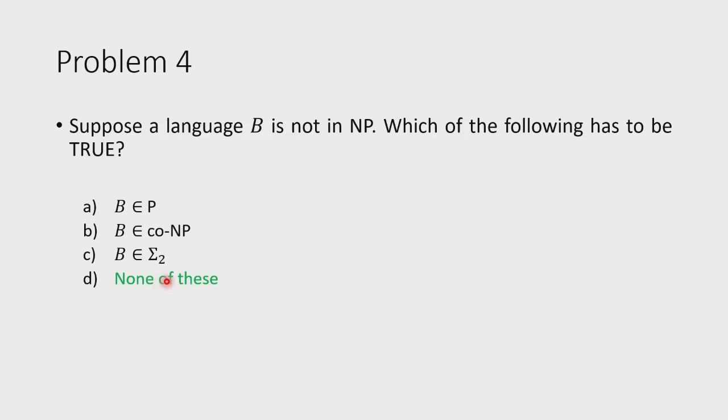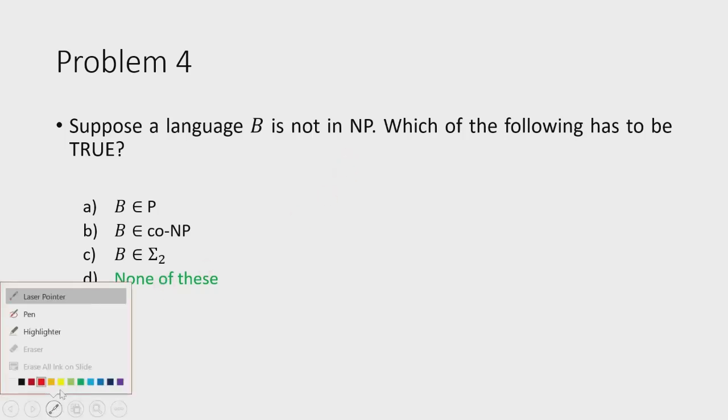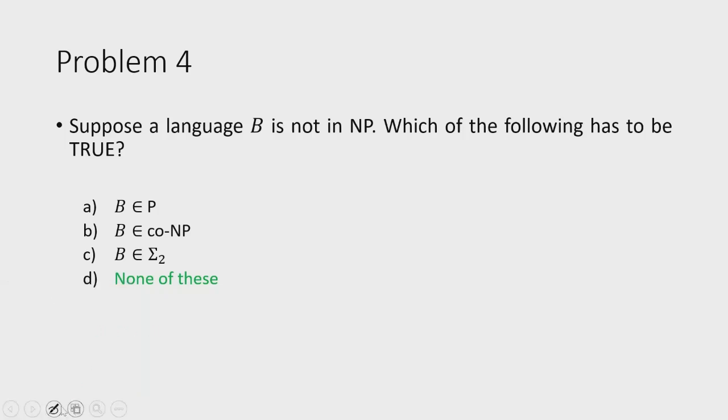One very simple way to see it is the following. Every language in NP is contained in the set of recursive languages, right? So if some language is not a recursive language, it can't be in NP.